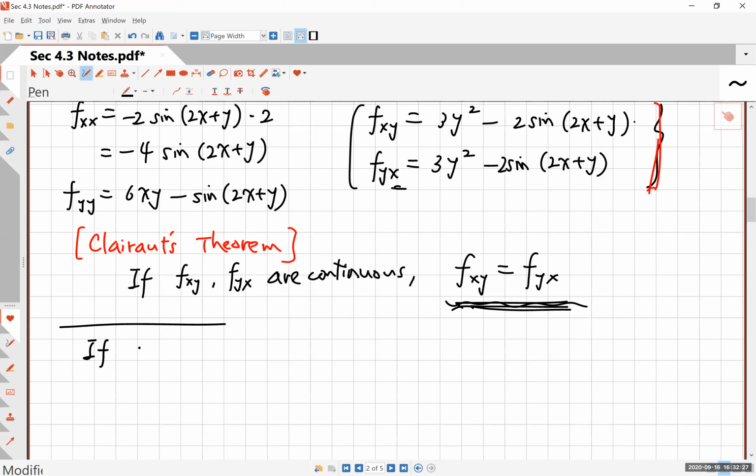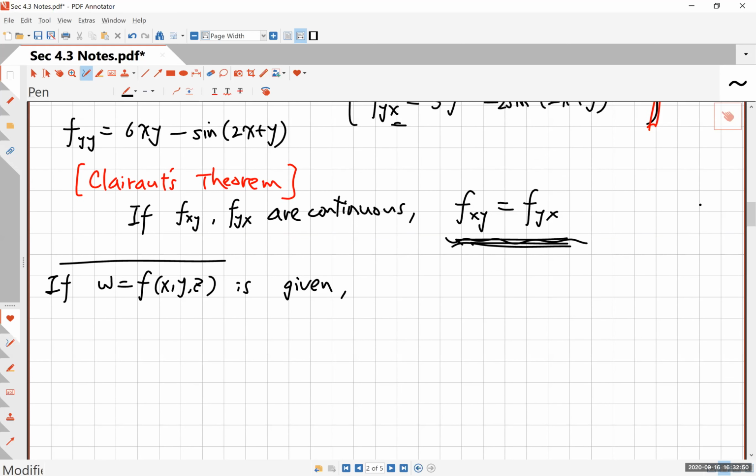All right, just a few more things. If you have a function of 3 variables, so this time f has 3 variables, x, y, and z, and you can call it maybe w or something. In fact, let's do this. If w, which is a function of x, y, z, is given, then what can you do?